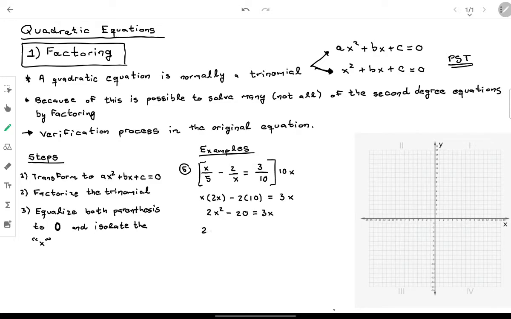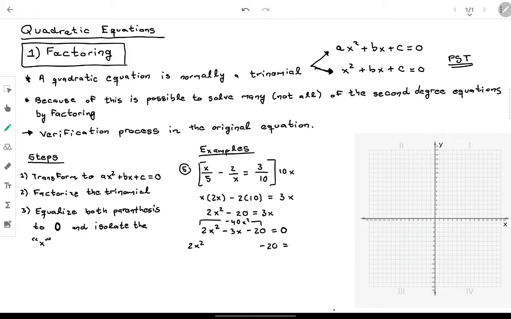If we put them on the same side of the equation, or we pass everything to the first member, 2x squared minus 3x minus 20 equals 0. So we have an ax squared plus bx plus c trinomial. Remember, we need to multiply the corners: minus 40x squared. So in this case, we write the corners.